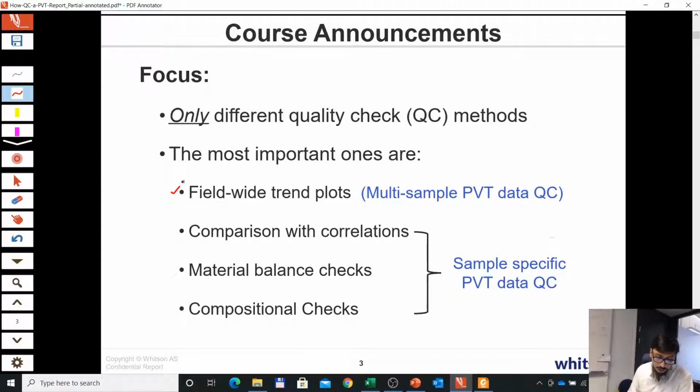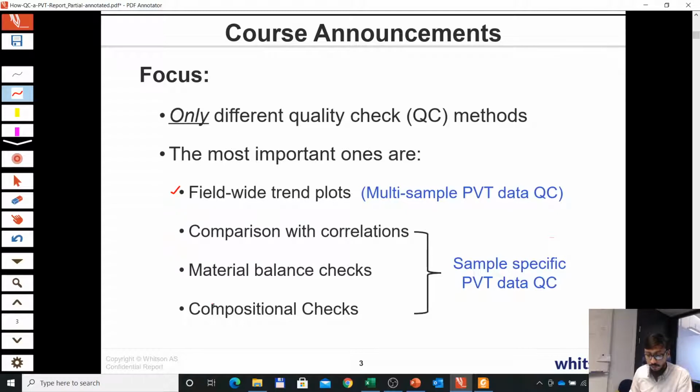So Matthias Carlson has already gone through these field-wide trend plots. What I will be focusing on in this course is going through the rest of the QC methods: comparison with correlation, material balance checks, and compositional checks.